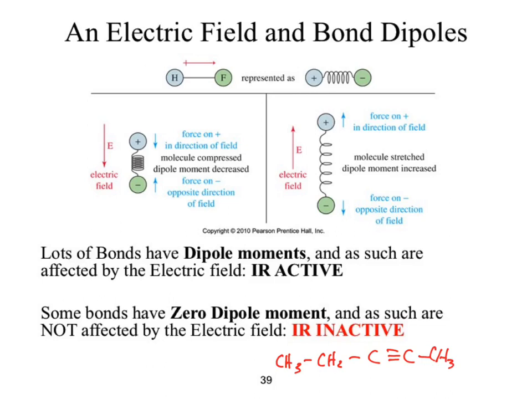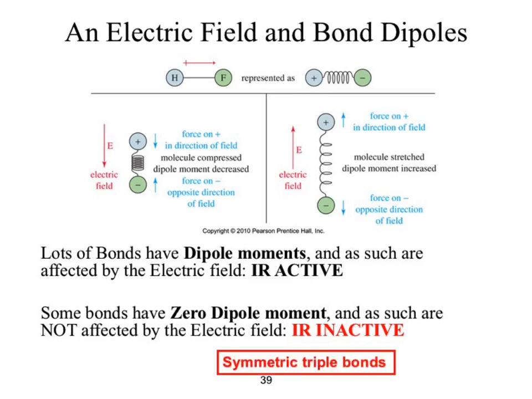Just a little bit, which means how intense should that peak be? Not very intense. So the intensity of the signals that you pick up have to do with the symmetry in the molecule. The more symmetric the molecule, the less intense the signal gets. So be kind of aware of that when you're looking at things. I tend to not test at that level, but it could show up.